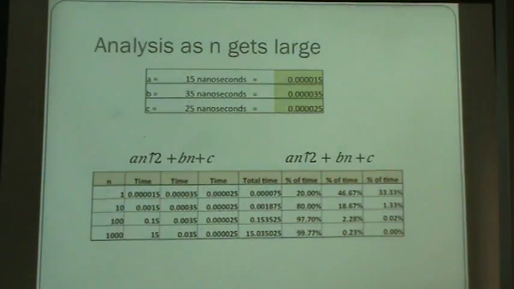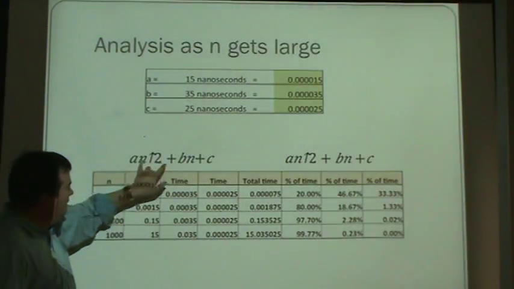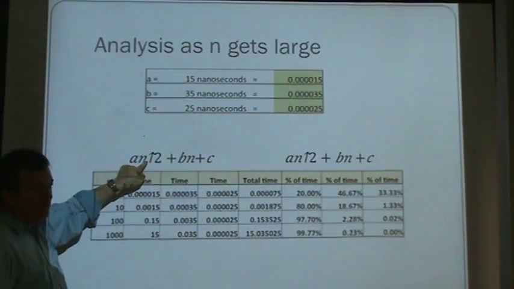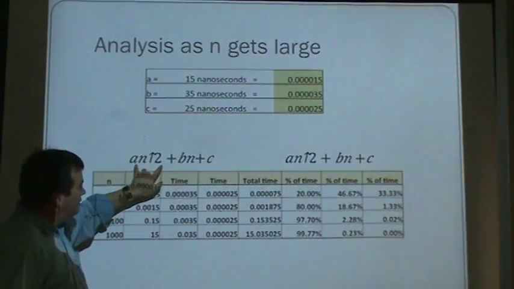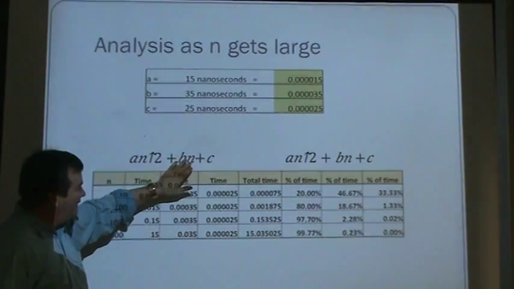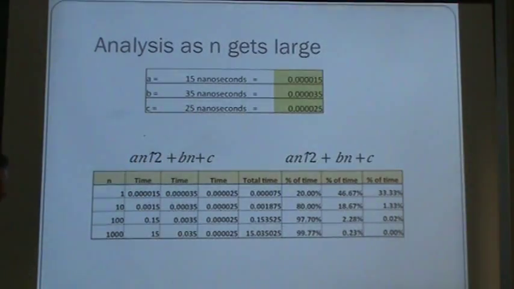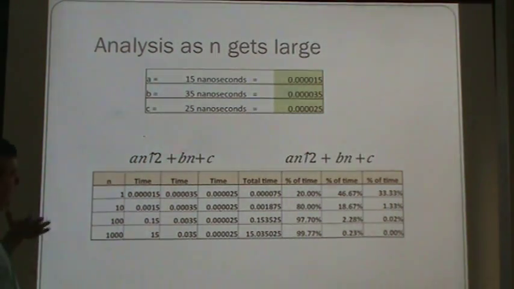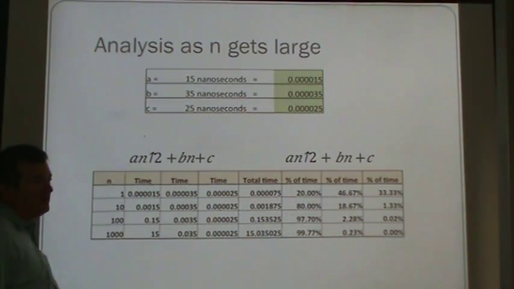So if you come up with an algorithm that has 3 parts to it, and one has an n squared component, and someone else comes up with an algorithm that has 3 parts to it, but there is no n squared, maybe there's an n or something halfway between n and n squared, we'll do n log n later on, that might be much better because the dominating part will be smaller.